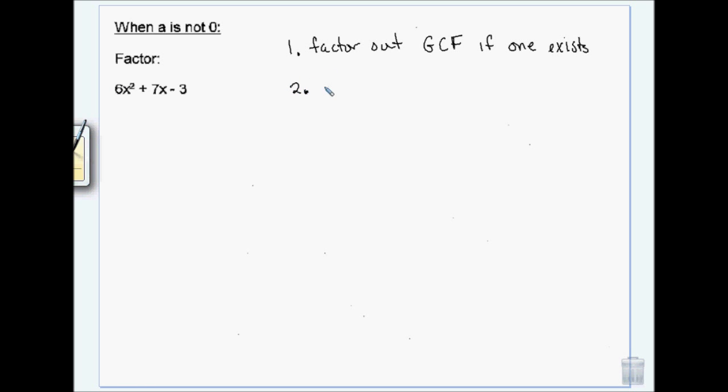Okay. If that's not the case, you want to multiply the first and the last numbers. Okay, so I'm going to take 6 and I'm going to multiply it by negative 3, and that is going to give me negative 18.